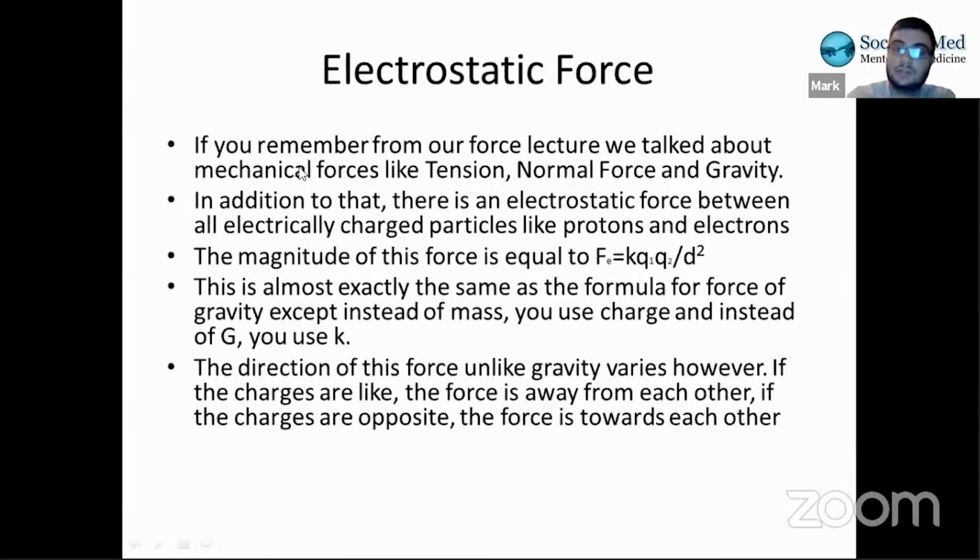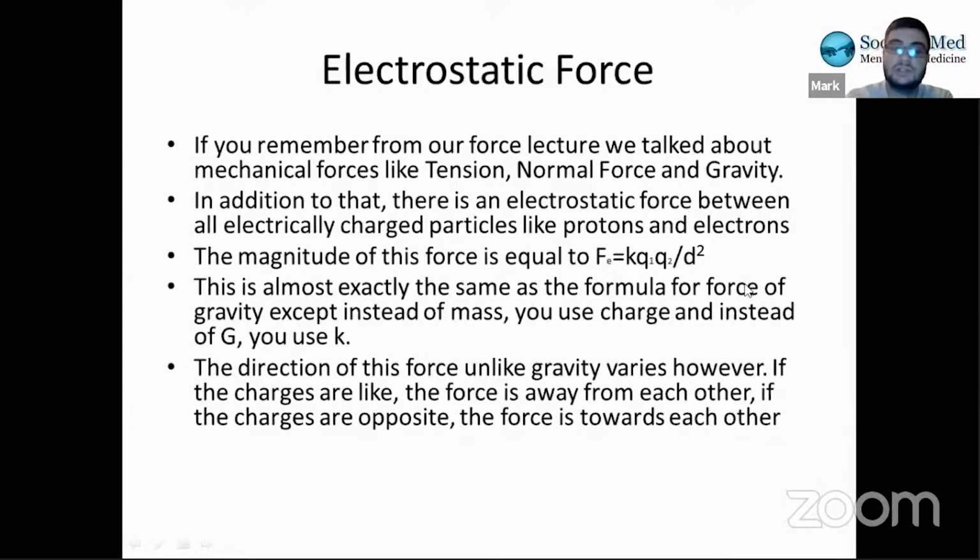This time, for the electrostatic force instead of the gravity force, we use charge. Q1 and Q2 are charges instead of mass. So Q1 would be the charge of the first atom and Q2 the charge of the second atom. Like I said, if we're looking at one proton and one electron, Q1 would be the charge of the proton and Q2 the charge of the electron. If we're looking at two electrons, Q1 and Q2 would both be the charge of the electrons.